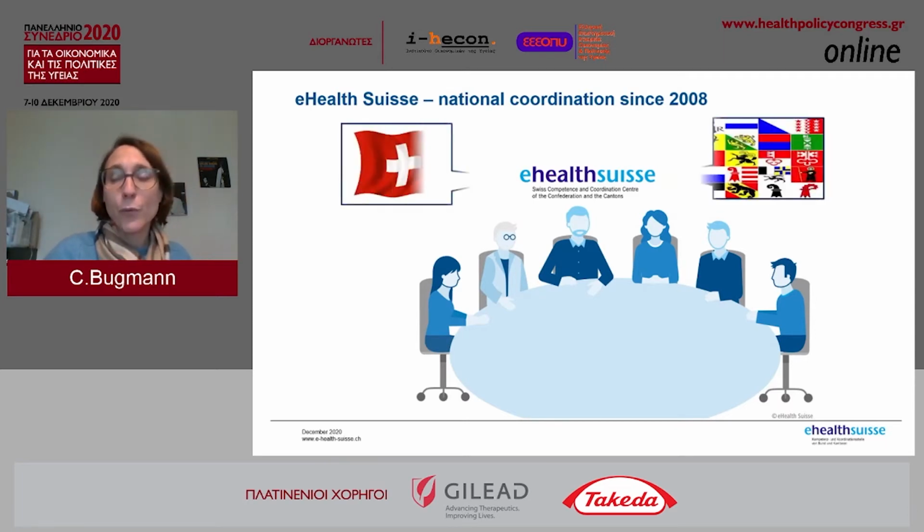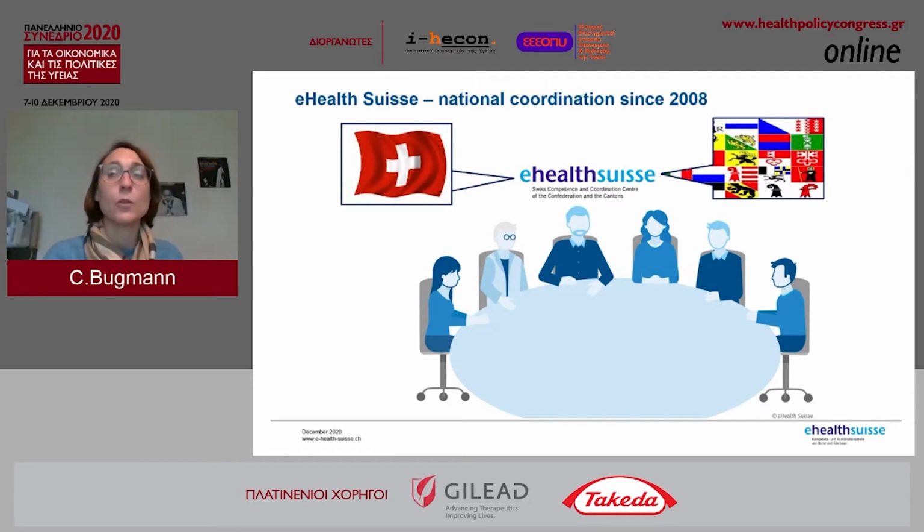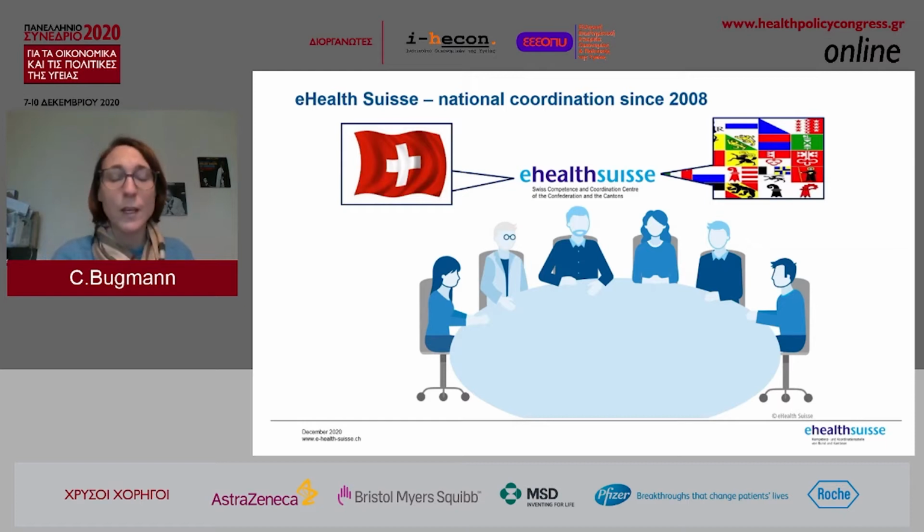So we were founded in 2008 by the Federation and the 26 cantons. In Switzerland, you have 26 regions, and it's important to know that for the health sector, the 26 regions are responsible.